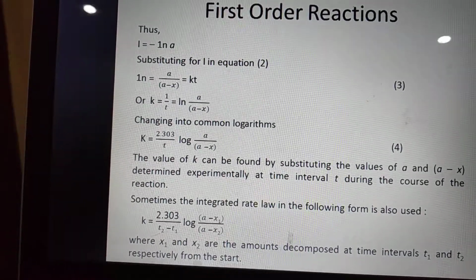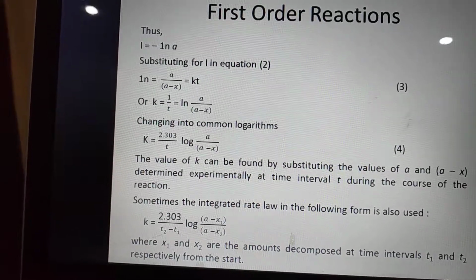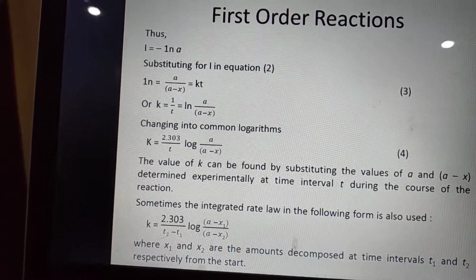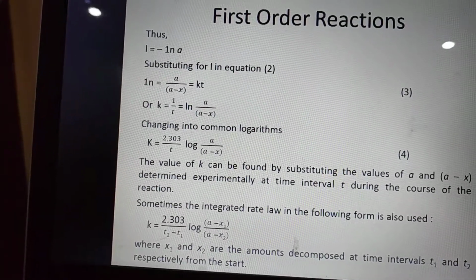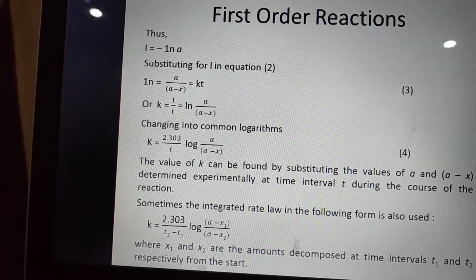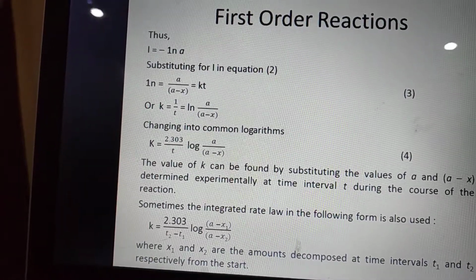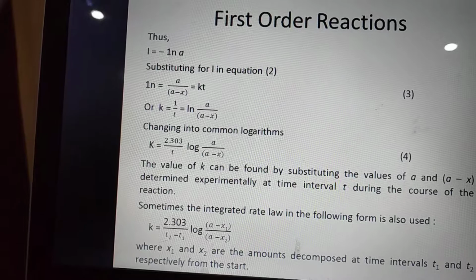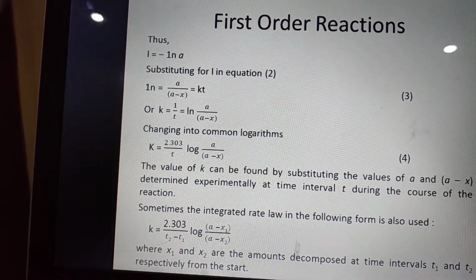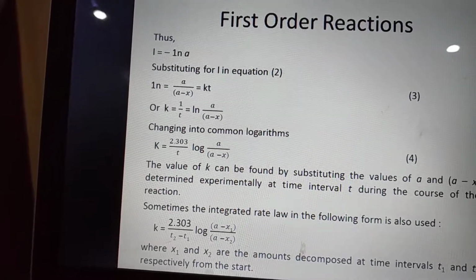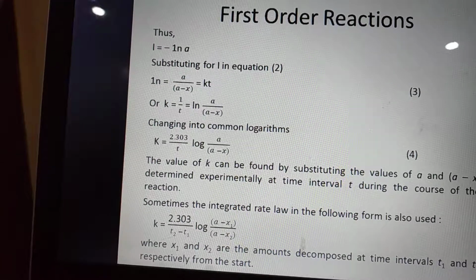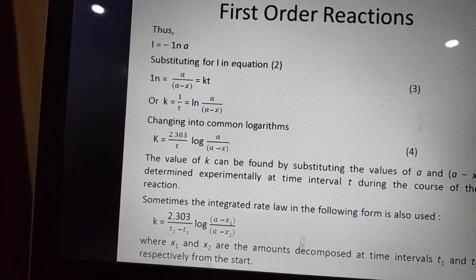Substituting for I in equation 2, log of a over (a minus x) is equal to kt, or k is equal to 1 over t times log of a over (a minus x). Changing into common logarithm, k is equal to 2.303 divided by t times log of a over (a minus x).